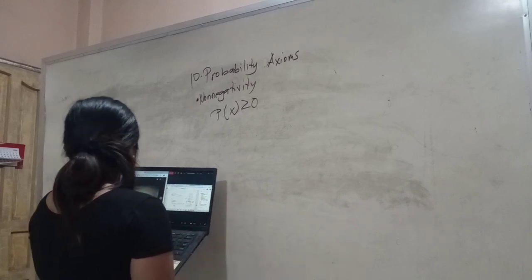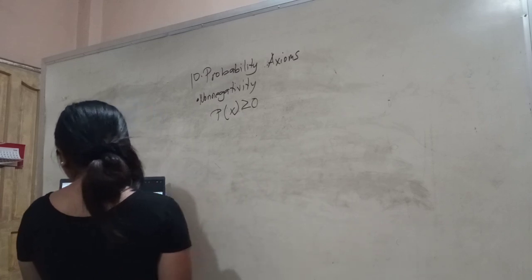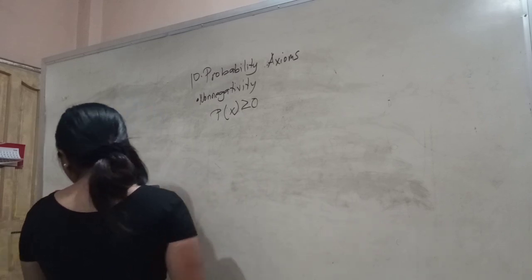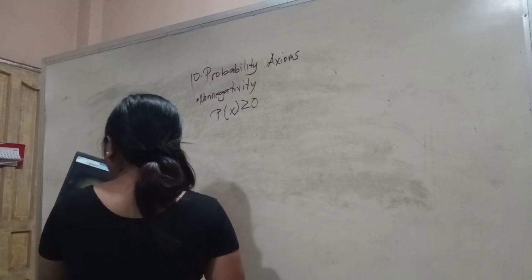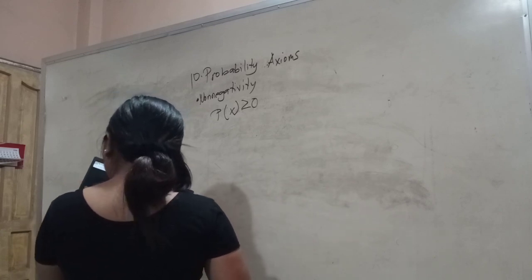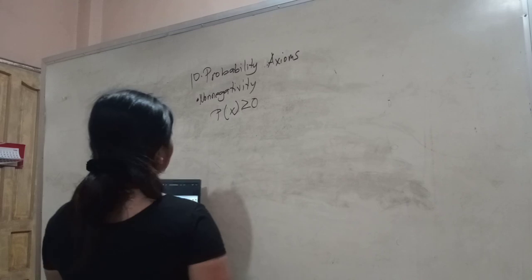So the probability of any event is always non-negative. Probability cannot be a negative number, and the minimum possible probability is 0. Probability represents how likely something is to happen, and it doesn't make sense to have negative likelihood.